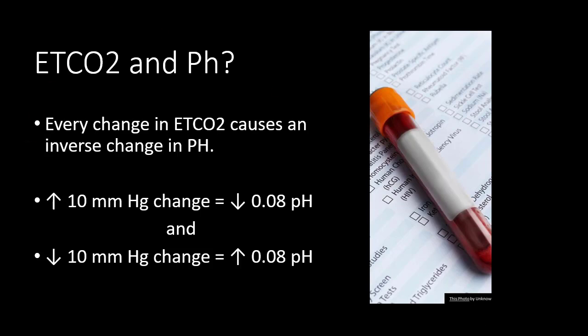So in this top example, we slow down our ventilation, our end-tidal CO2 increases, we build up CO2, our pH drops, and we become more acidotic. In this case, we breathe faster, we drop our end-tidal CO2, our pH increases, and we become more alkalotic.